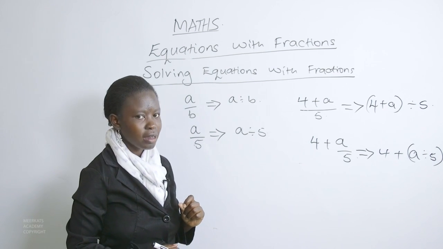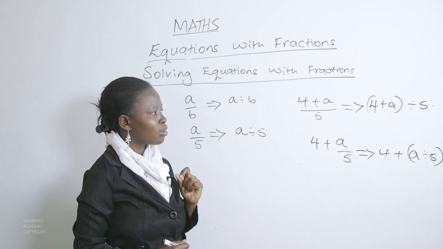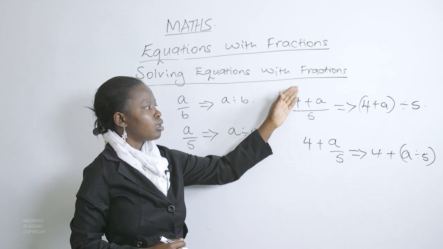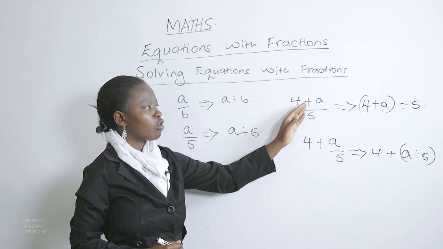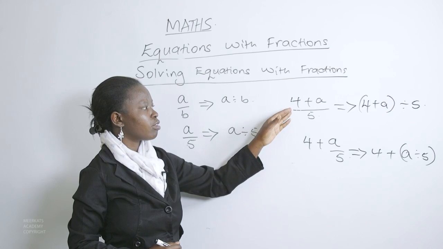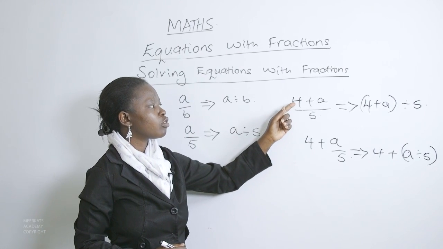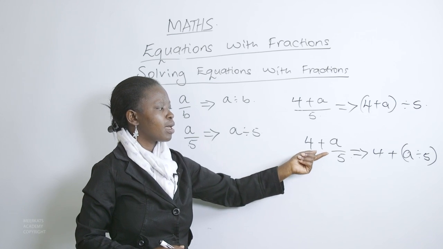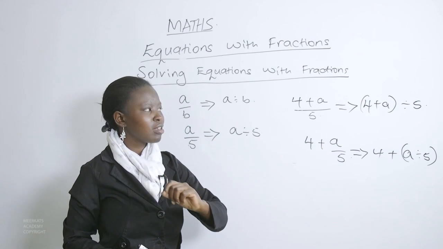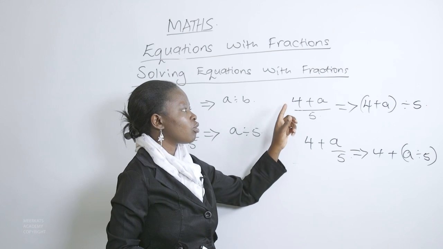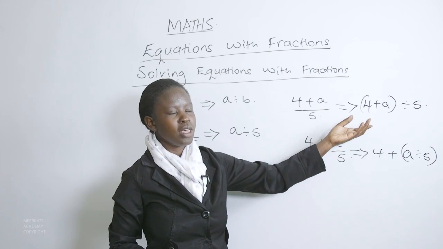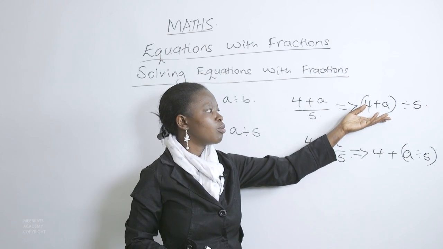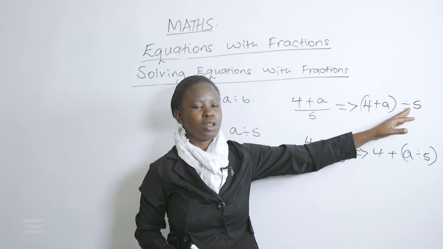So let us look at the equations that are involving expressions of such a manner. For example, an expression, we are talking about 4 plus A over 5. And we've simply said that there is a difference in that when you have 4 plus A over 5, then it is the sum of the numerators divided by the denominator.